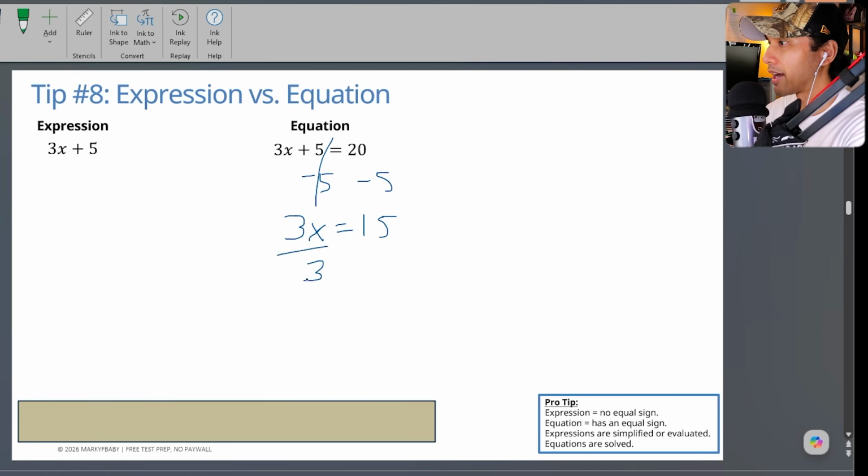Well, I could divide by 3 on both sides, and then this crosses out. And this really becomes 1 times x, because 3 over 3 is 1, and that equals 15 divided by 3, which is 5. And then you just write it as x equals 5. That's what's happening.